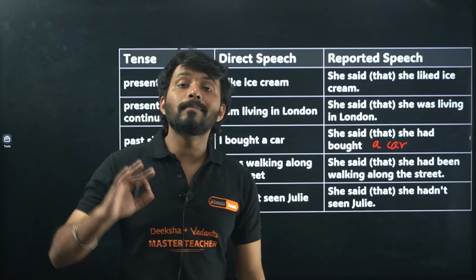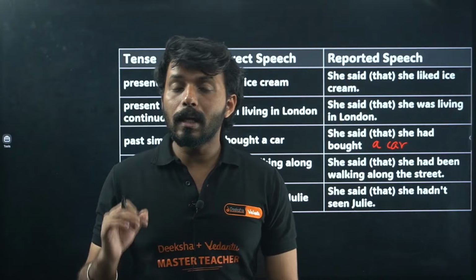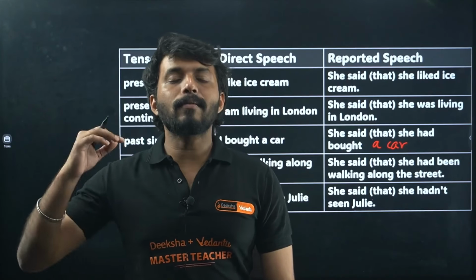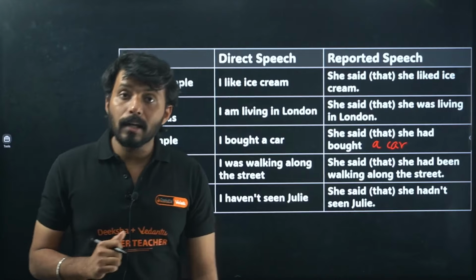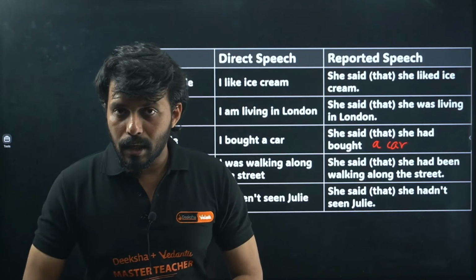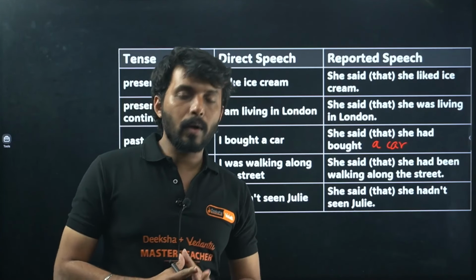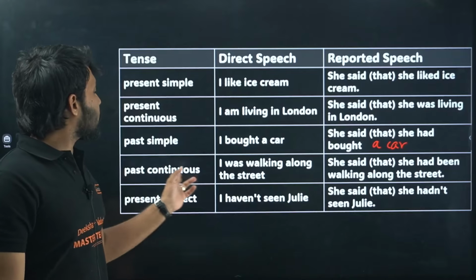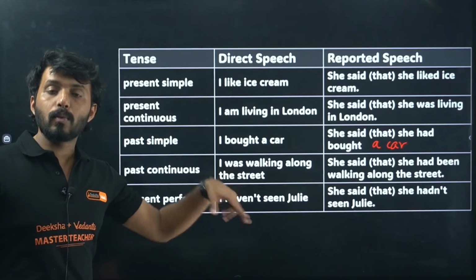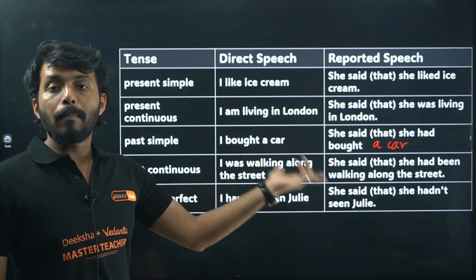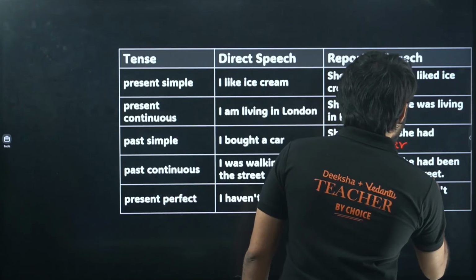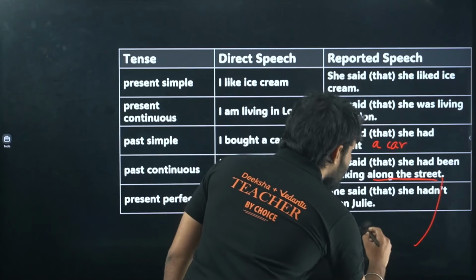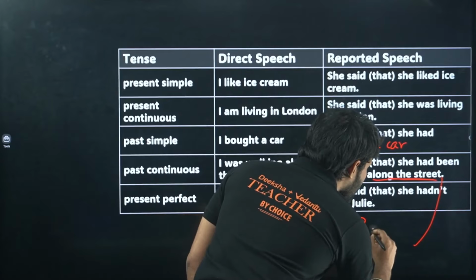Among them, the last 3 tenses are the perfect continuous tenses. So you have the past perfect continuous, the present perfect continuous, and the future perfect continuous. So here, if the tense of the sentence is in the past continuous, when converting it becomes past perfect continuous.